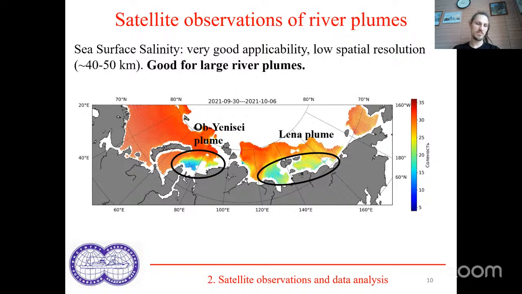And let's talk briefly about what kind of satellite products could be used to study river plumes and distinguish them in satellite data. First, we should start from salinity, because salinity is the key feature. Low salinity is the key feature of river plumes, and there are satellite salinity products which are becoming better and are now developed very quickly.